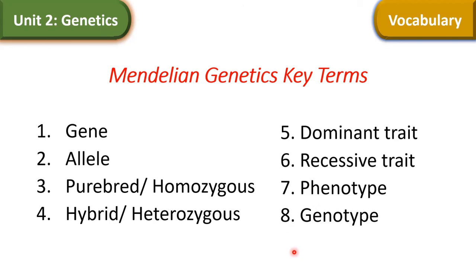I want you to understand these terms before you move to part 2, because most of these terms will be used when we talk about the Punnett square. If you want to watch this video again, you are free to do so until you understand each of these genetic key terms.